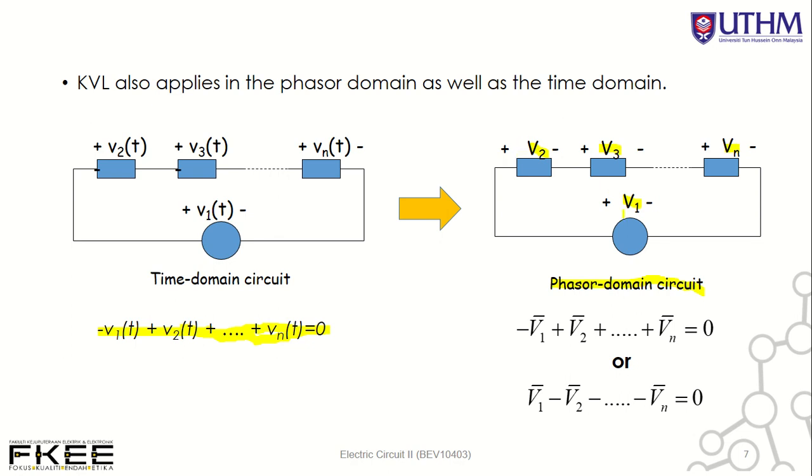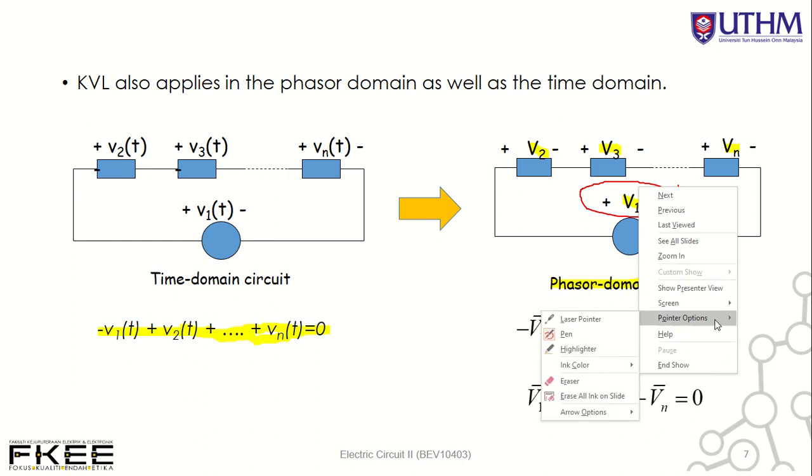The polarity is still the same as the time domain circuit. If you apply KVL for this loop: minus V1 plus V2 plus V3 until Vn equal to 0.